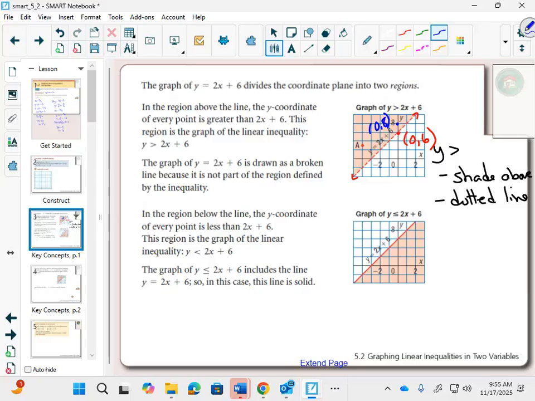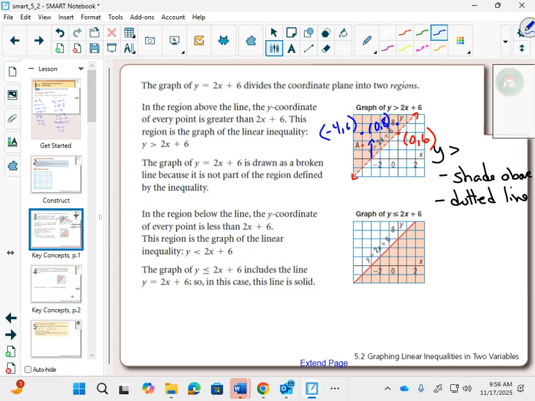Anything that's above the line, the y values will be bigger than the line. And if we want y greater than, that's what it's asking. Where are my y values bigger than that line? Every single point above that line would make it true. Like I could do another test point right here. Let's go to -4, 6.